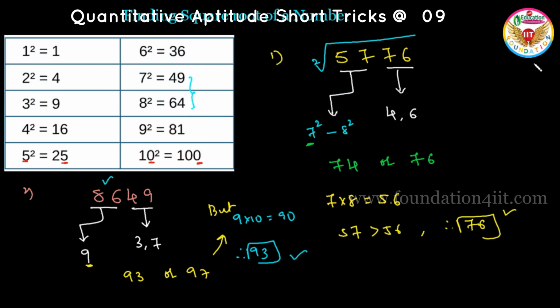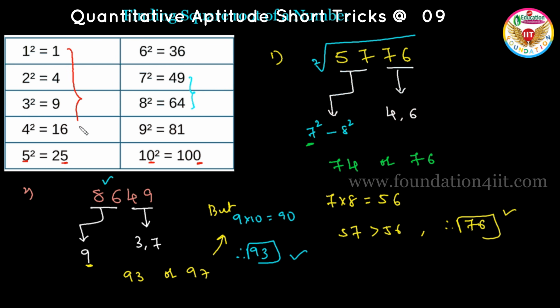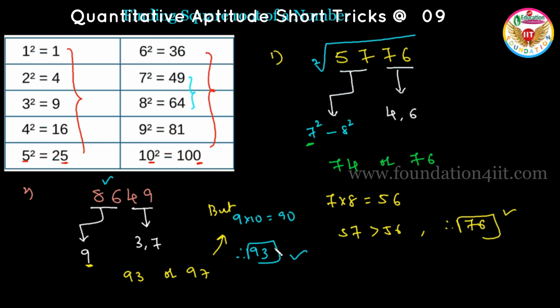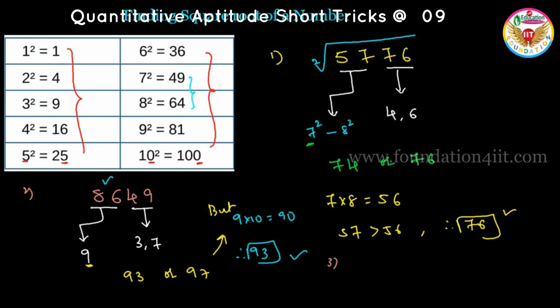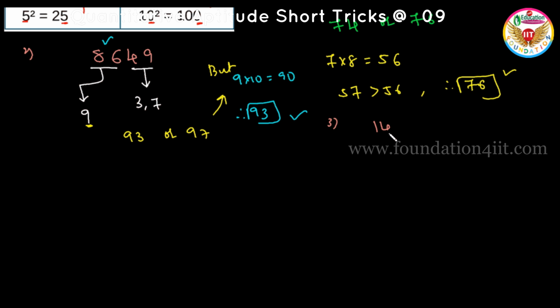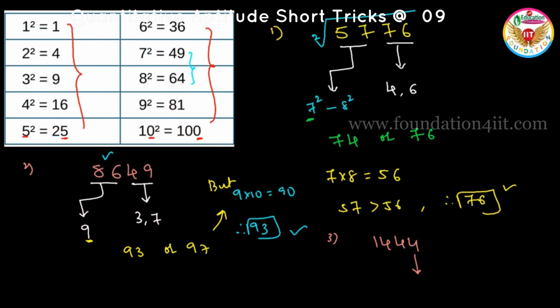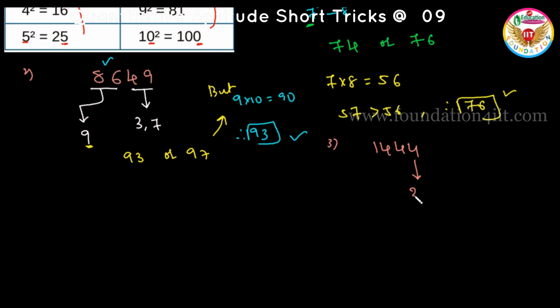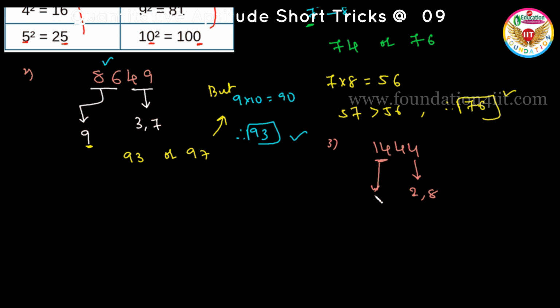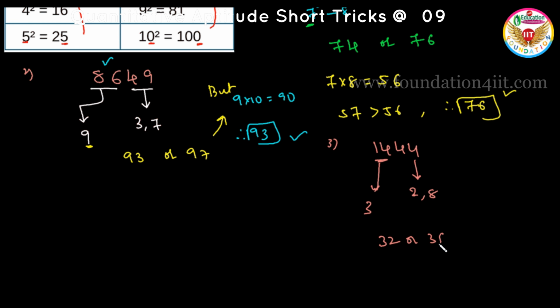To find the square root, just observe the last digit. You need to remember this full table and the pattern. Let me take a small example, 1,444. The last digit is 4, and 4 means you have 2 squared as well as 8 squared, so keep 2 and 8. Now observe 14: 3 squared is 9 and 4 squared is 16, so the start is 3, giving 32 or 38.